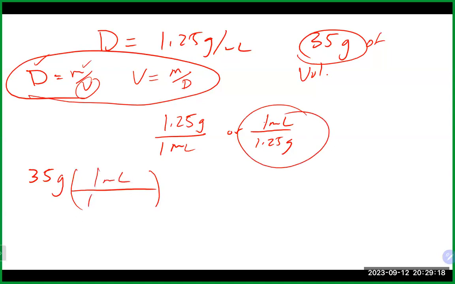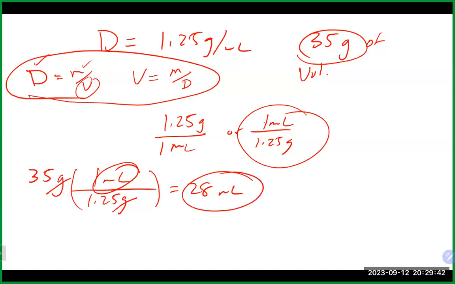Without really knowing properly how to rearrange that equation, if you know how to do dimensional analysis, you now know you should be dividing, which is the correct thing to do. You could see the units cancel and know, okay, I need a volume that gives me the milliliters without even really knowing the density equation. And I could just take the 35 divided by 1.25, which gets me 28 milliliters as the only unit left over.